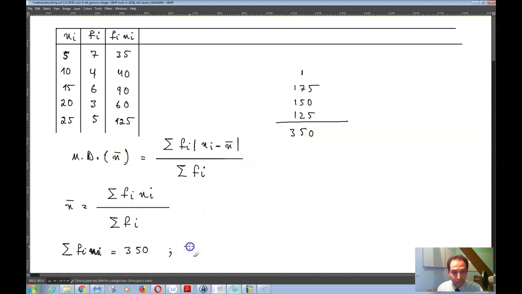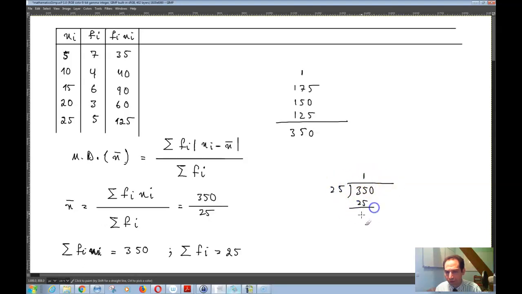And sigma f_i is all of these frequencies added together: 7 plus 4 is 11, 11 plus 6 is 17, 17 plus 3 is 20, and 25. So then the mean of your data is going to be equal to 350 divided by 25.